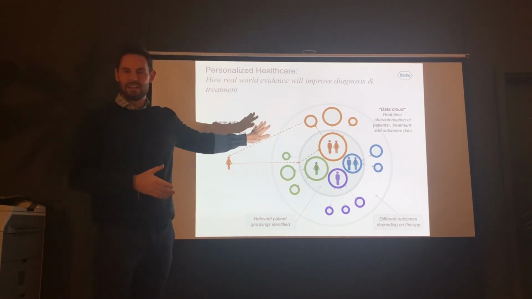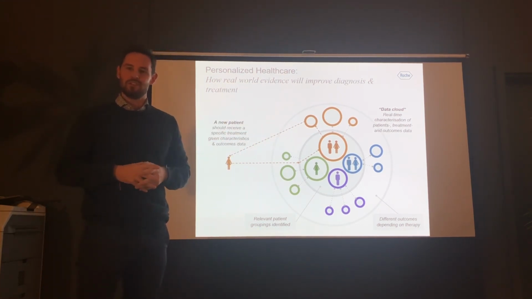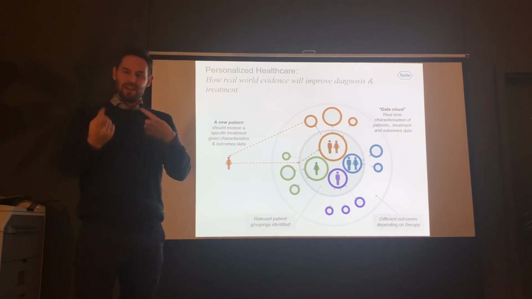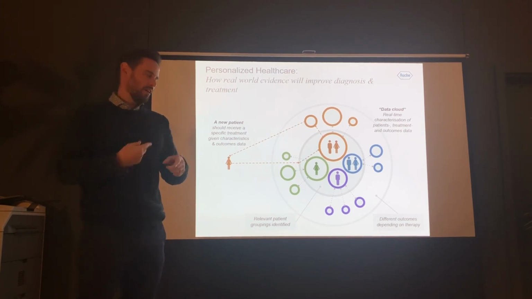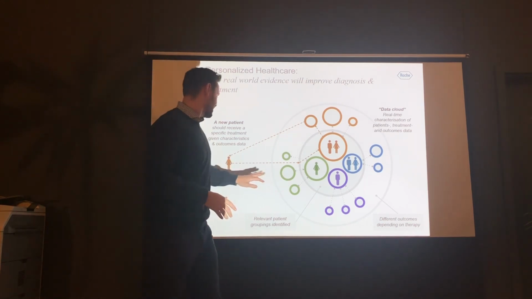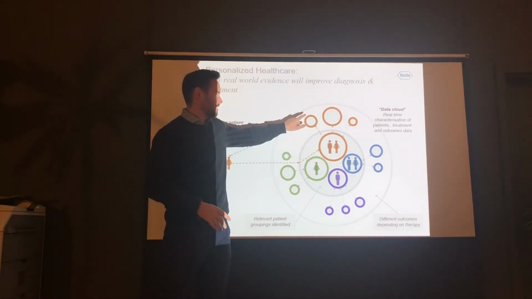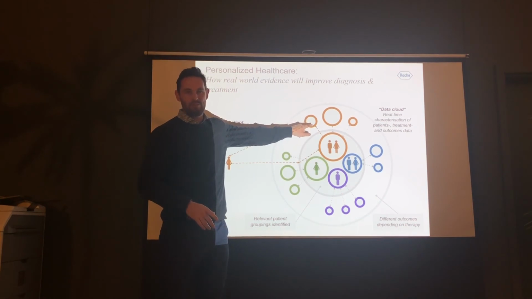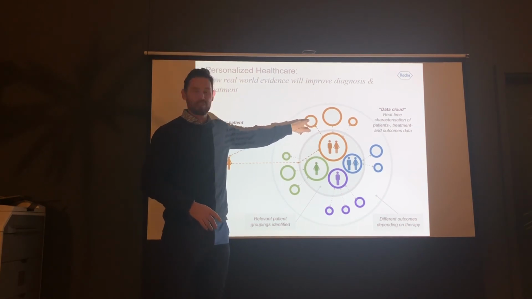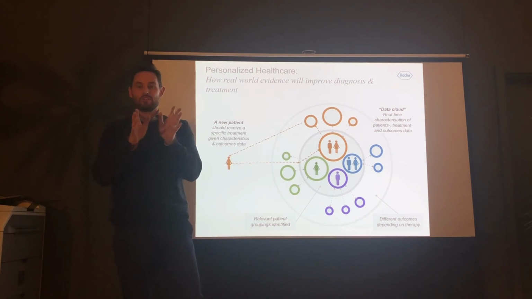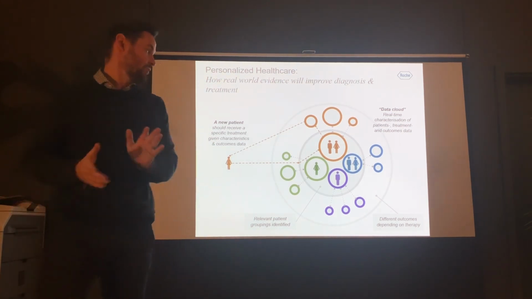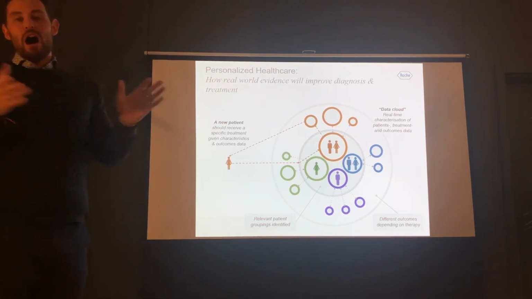But this is what pharma is working towards. Systems that use machine learning algorithms to tell you essentially this patient belongs to that group, and if that's the favorable outcome for that particular patient, that's the right treatment. And doctors should have access to that information essentially in real time. But how do you do that?